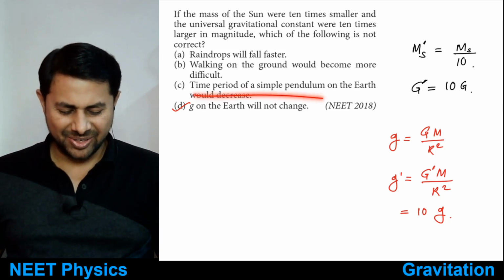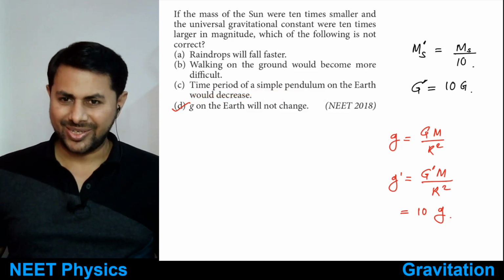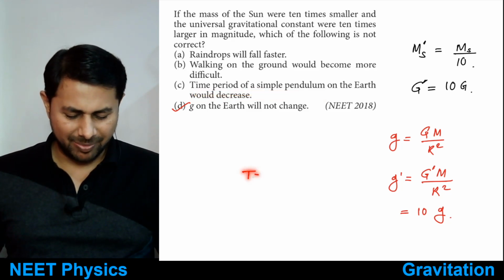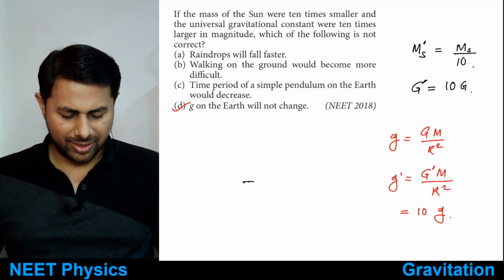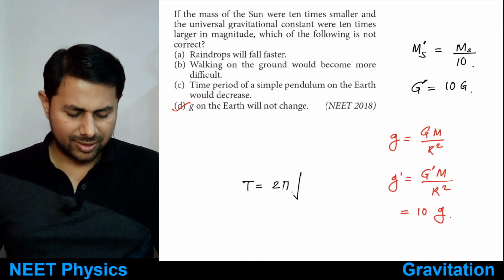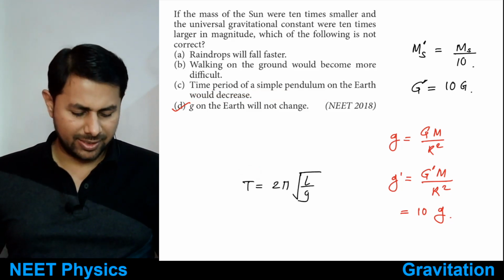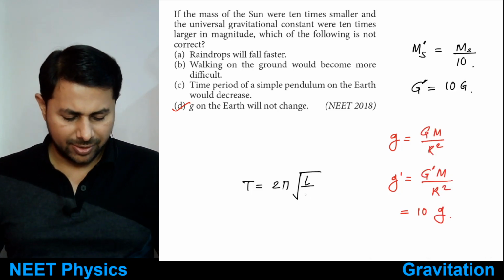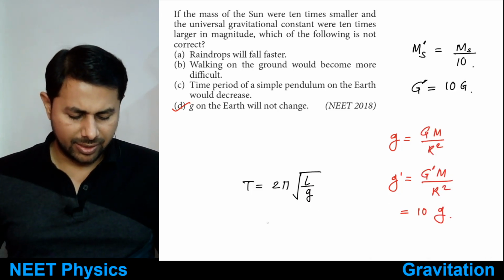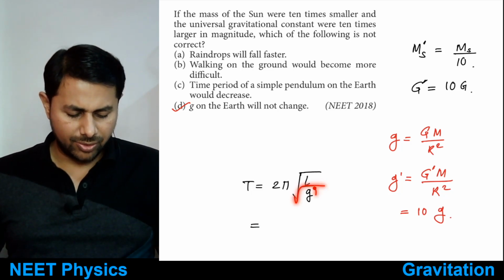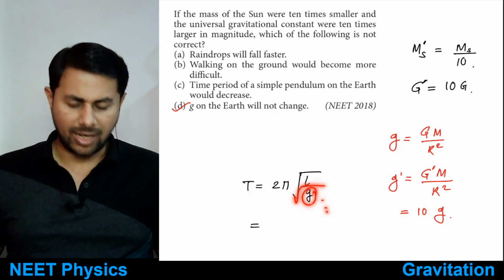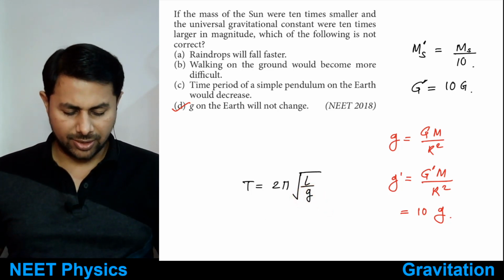Time period of simple pendulum would decrease. The time period of a simple pendulum is given by this formula, T is equal to 2 pi square root of L by g. We had seen this in the first chapter, and it will come again in oscillations, but it's inversely proportional to root of g. So if g is increased, the time period would decrease. So that is also correct.